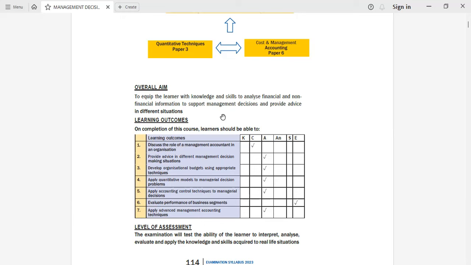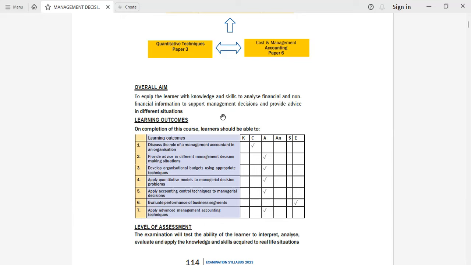We make a budget for that, for the cash we have, or what we even expect to receive. So there is no way you can do management decision and control and not talk about budgets, because at the end of the day, you are advising these organizations, and the organizations are moving on budgets.